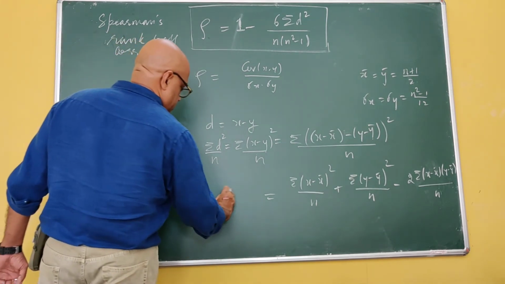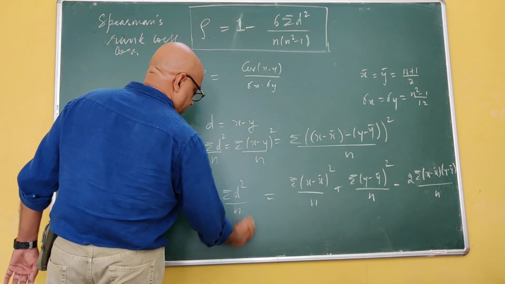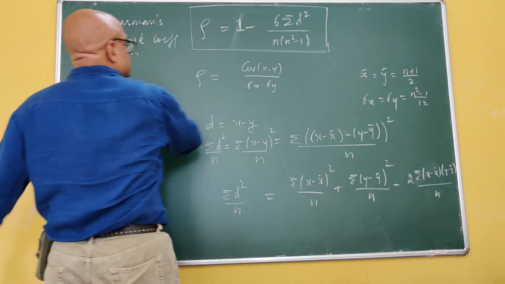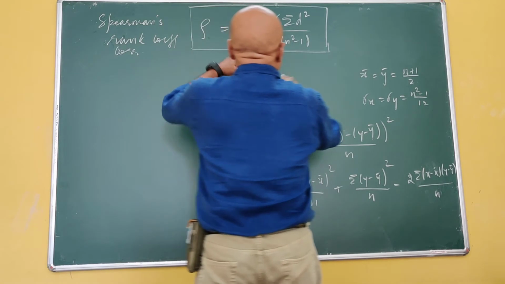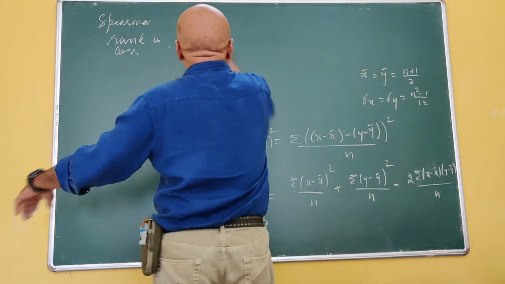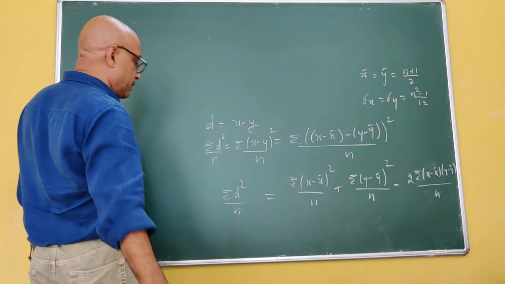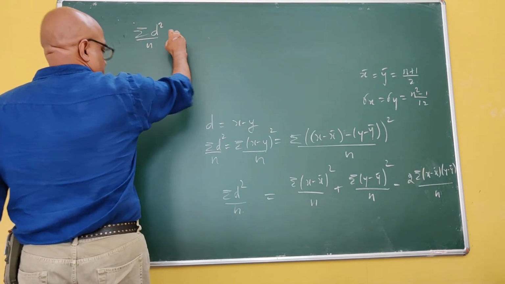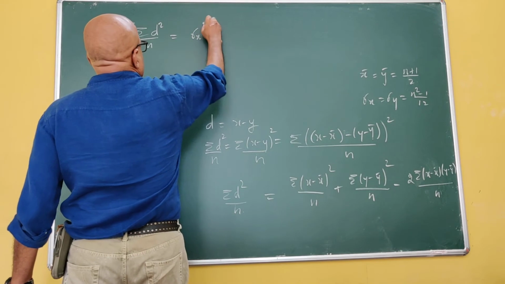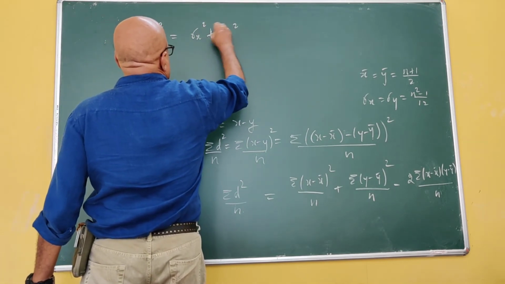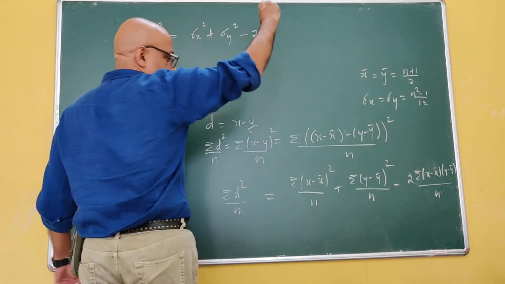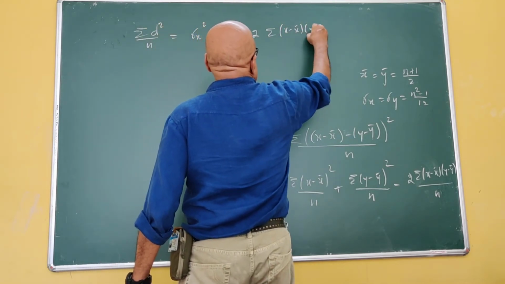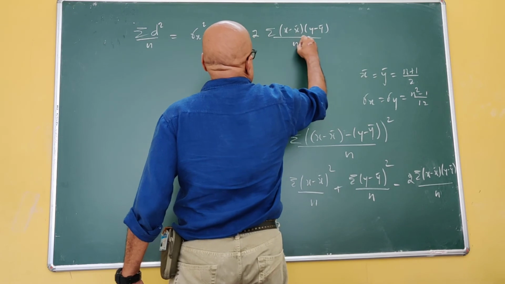And this is your summation d square by n. So finally you will get this expression. Summation d square divided by n is equal to sigma x square plus sigma y square minus 2 times summation x minus x bar into y minus y bar divided by n. This is what you have.